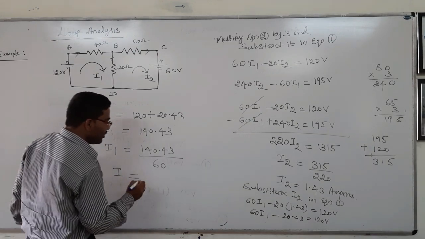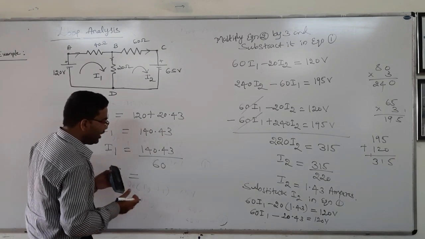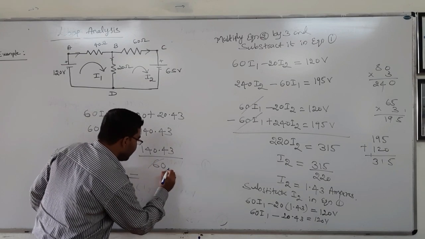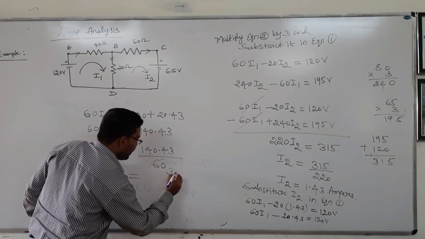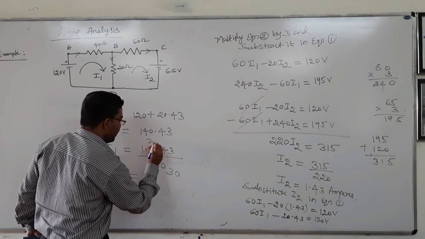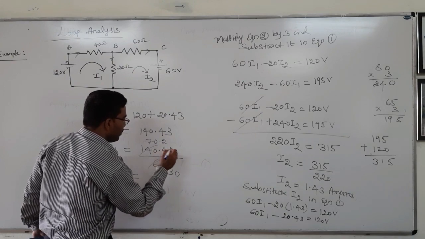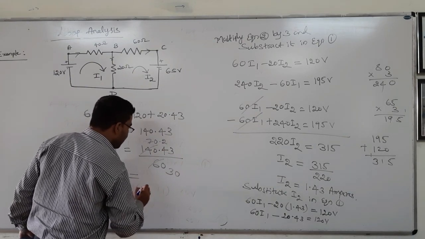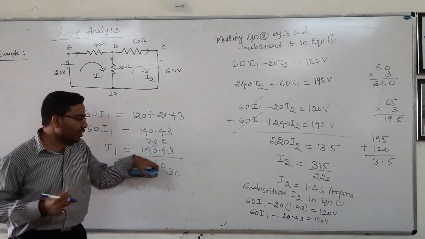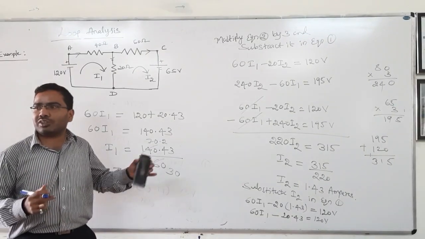So 140.43 divided by 60. So calculate some room.